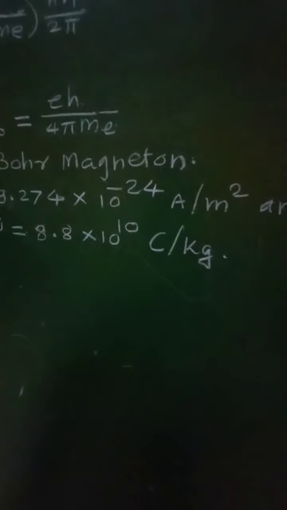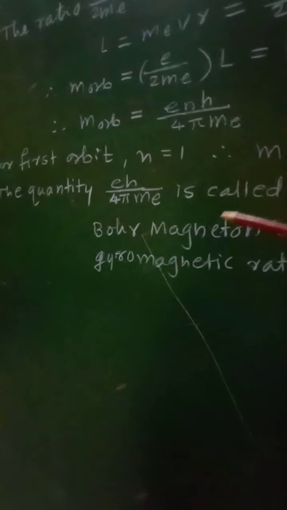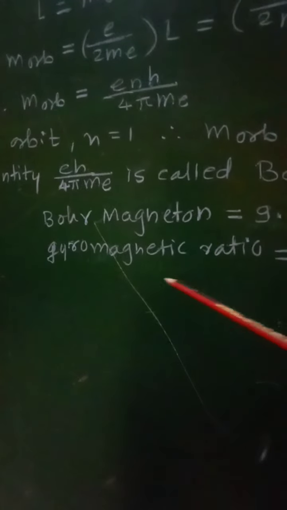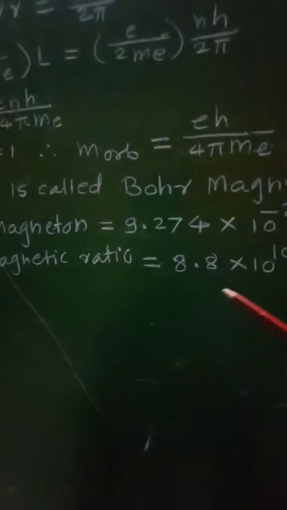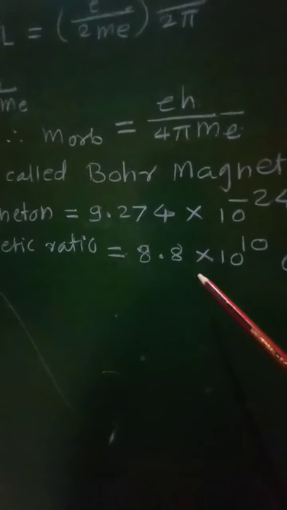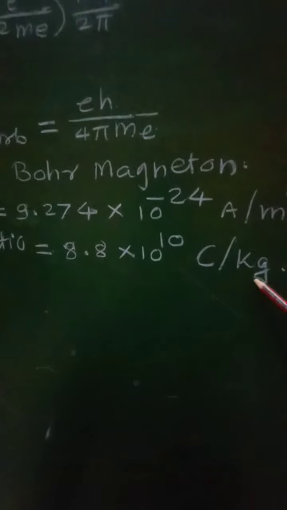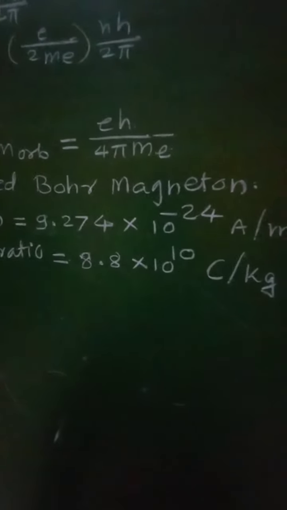So that is the value of the Bohr magneton. Similarly, we know that e upon 2m_e is the gyromagnetic ratio. If we put the values of e and m_e, the value of the gyromagnetic ratio comes out to be 8.8 into 10 raised to 10 coulomb per kg.